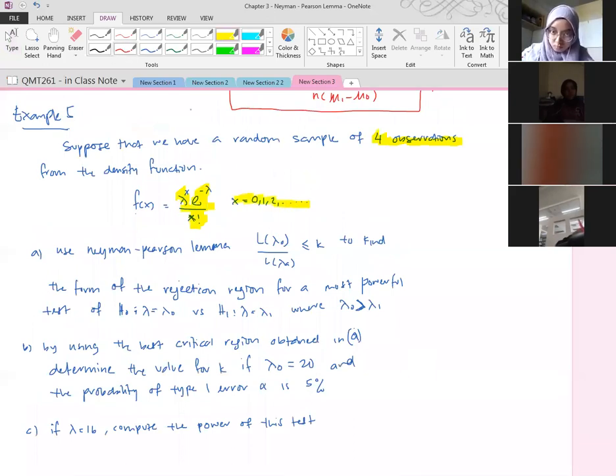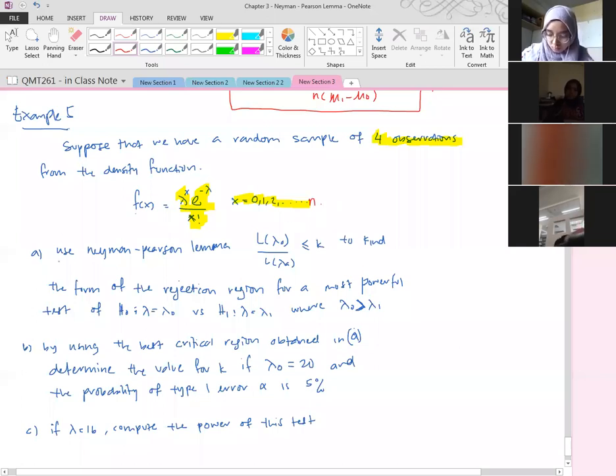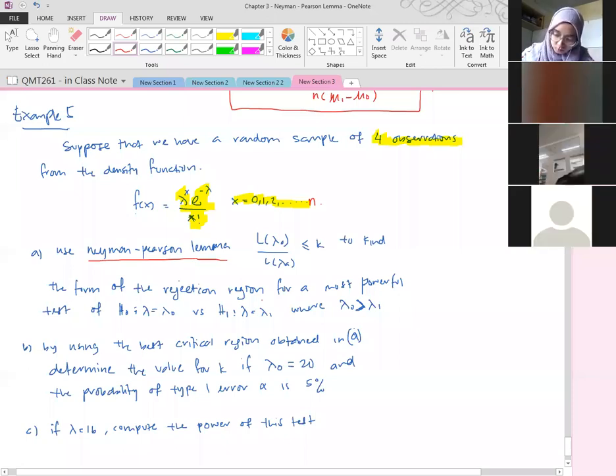The question asks us to use the Neyman-Pearson Lemma to find the form of the rejection region for the most powerful test, null hypothesis lambda equal to lambda naught, and alternative hypothesis lambda equal to lambda 1, where lambda naught is greater than lambda 1.